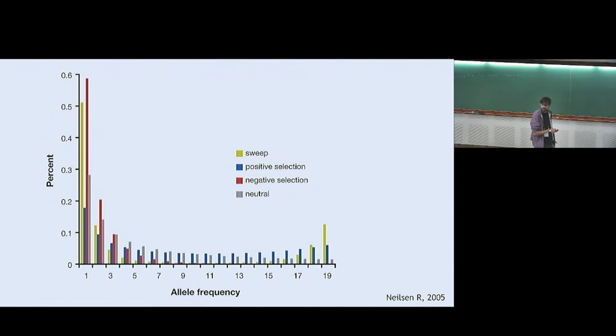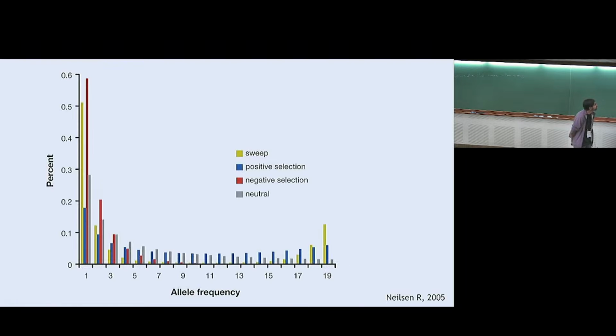These are the ones that are hitchhiking, right? Is this clear? Okay. So there are different tools to identify all of these three different features. I will talk about Tajima's D. It's a metric which is used to measure genetic diversity.